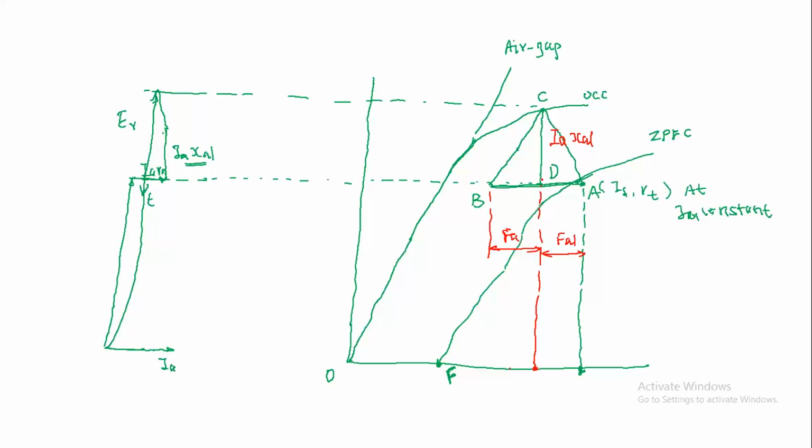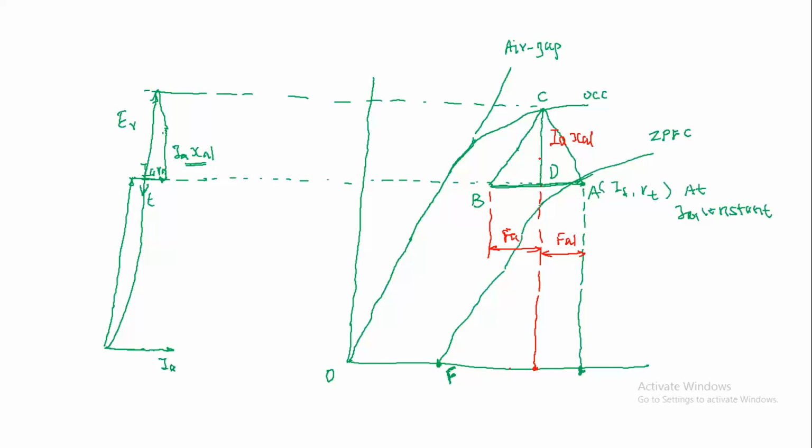While plotting the characteristics, you must have taken some scale. So this centimeter is equal to this much voltage. For voltage, you have taken some scale. You measure this CD.